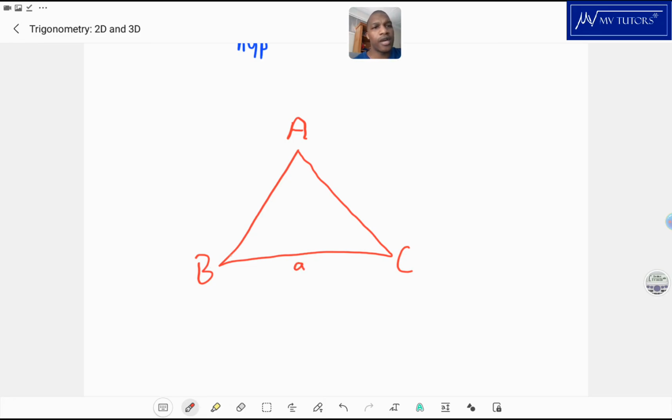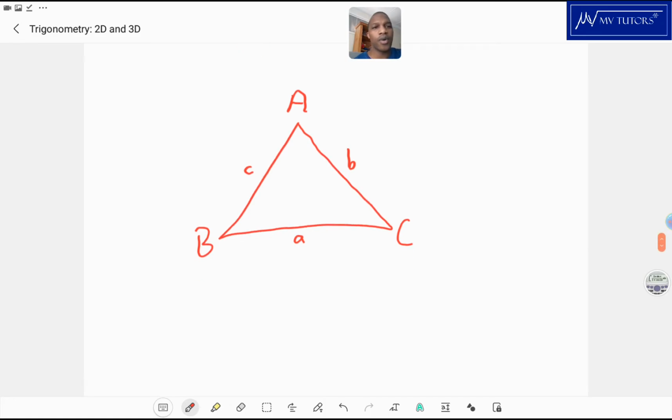Opposite angle B, we have side B. Opposite angle C, we have side C. That's how we name it. And then, how you would solve this, you cannot use SOHCAHTOA or Pythagoras to solve the sides.